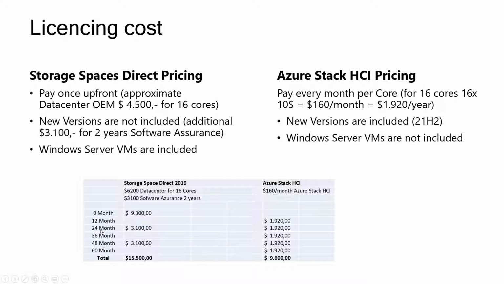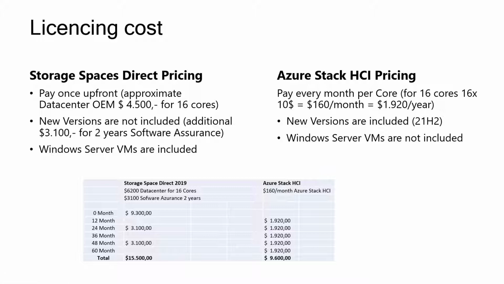After 24 months, you have to renew your Software Assurance to always get the new software. You don't have to pay Data Center again, you only pay the Software Assurance. So after 24 months, you have to add another $3,100, and after 48 months, you have to do the same. So after 5 years, you have a price of 15,500.